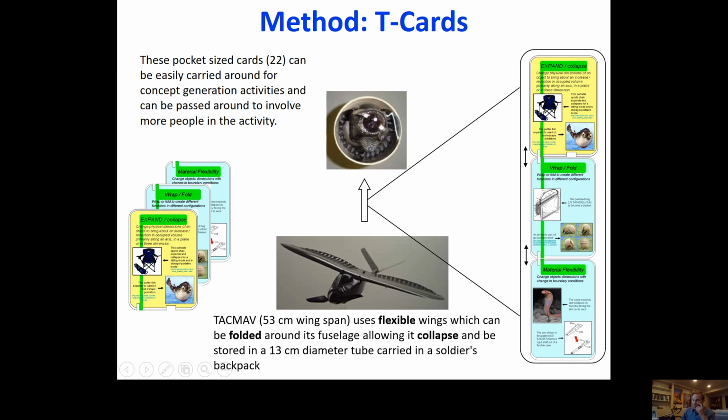If you take a principle card, any card that has a green line on it like this should facilitate the expand or collapse principle. So you should be able to use it to help create a design or envision a design that would work together to create the functionality that you're looking for.